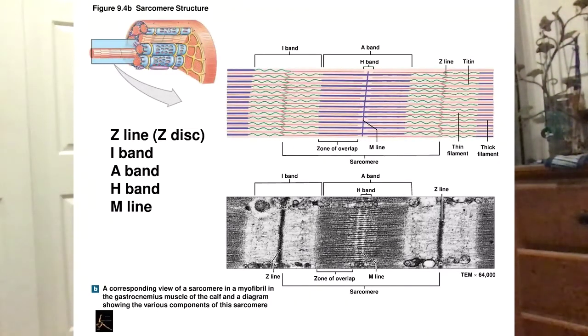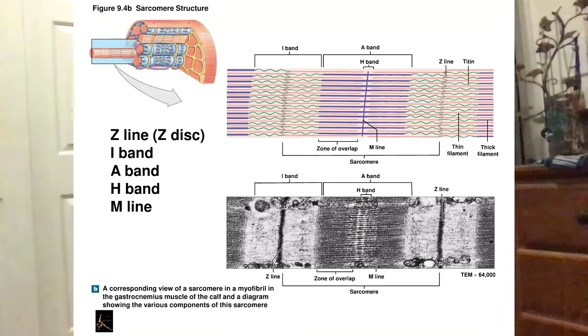But notice the H band, while it contains all of the myosin, it also has some overlap of actin inside of it. Now the myosin, the purple lines there, are attached to the vertical line down the middle, the M line. That delineates the middle of a sarcomere.